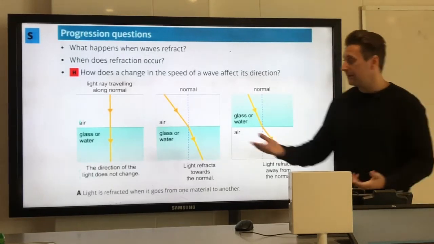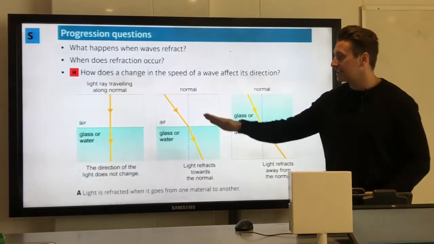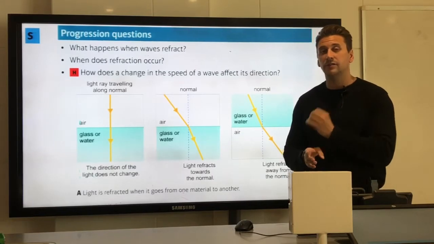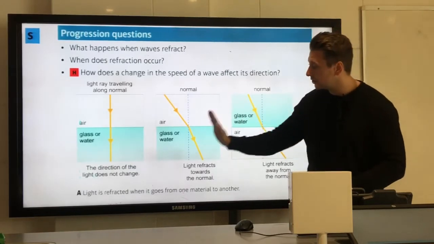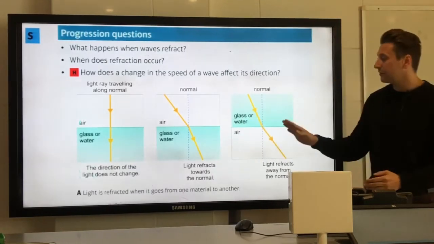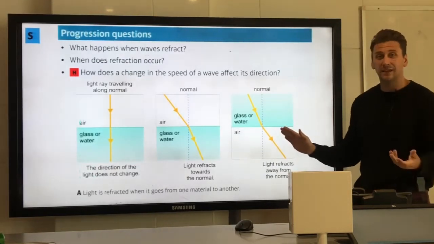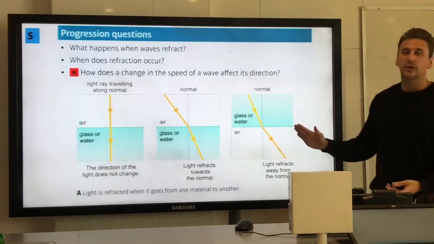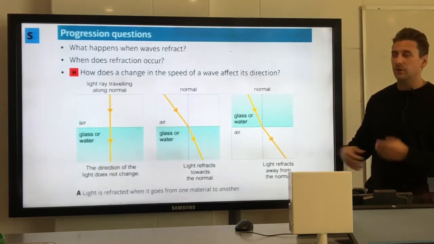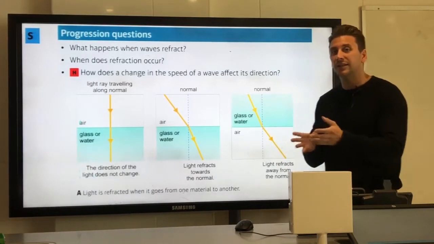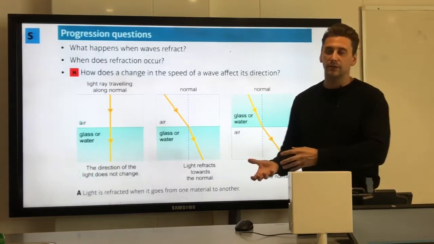Or we could say, if light slows down when it crosses a boundary, it changes direction towards the normal. And if light speeds up when it crosses a boundary, so it gets faster, then it changes direction away from the normal. So in all of those examples, we are always referring to the normal line and how light changes its direction compared to the normal.